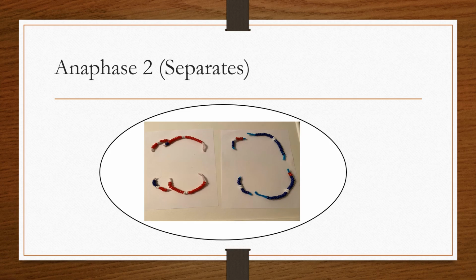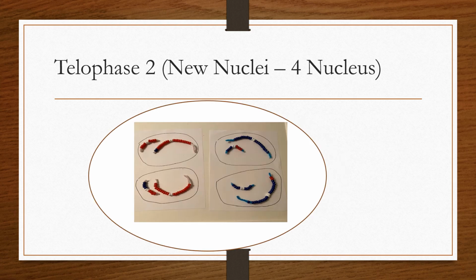In this phase, as you can see in this picture, the chromatids separate from each other, just like in mitosis. After that is telophase 2. New nuclei start forming again and become nuclei. So now there are four nuclei in telophase 2.